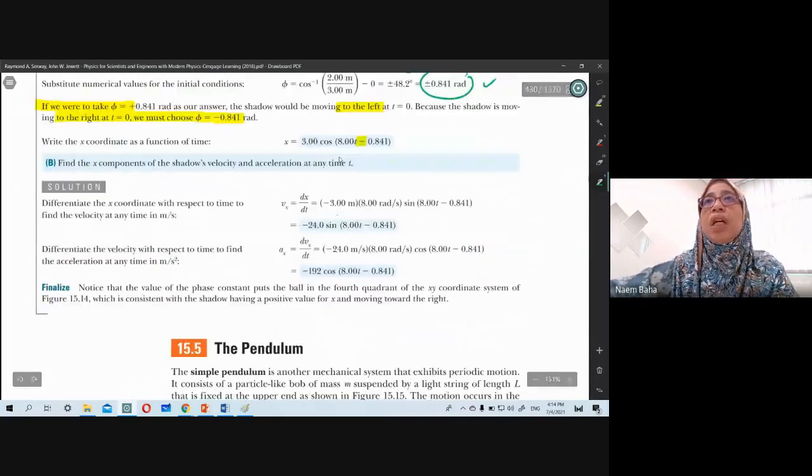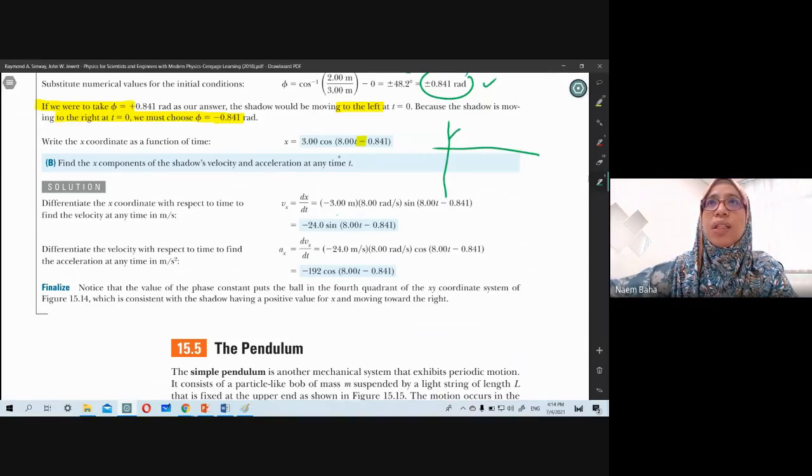So in short, if we create a graph, it probably looks something like this. Here the time is 0, this is t, and this is where the amplitude is. If we complete the graph, it would look almost like this.